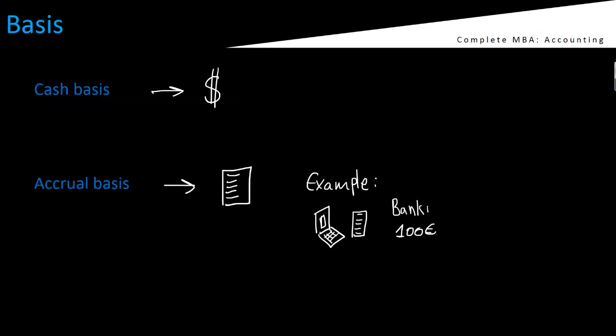Then the accountant at the retailer where you bought the computer will note this transaction, if it's in accrual basis, the day you bought the computer, and he will note, hey, we just won a sale for a value of 1,000 euro. If he was using the cash basis, the accountant at the retailer will note 100 euro each month while your payment is done, saying, hey, we just made a sale of 100 euro.